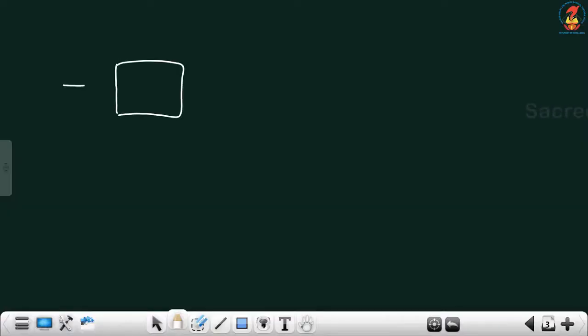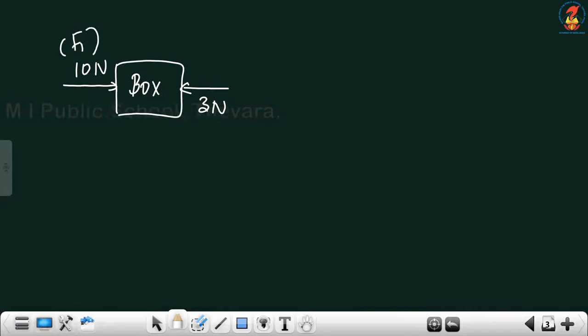Here a box, we are applying 10 Newton and 3 Newton in the opposite direction. So how will you calculate the net force? We need to take the difference of these two forces. Suppose this one is F1, this one is F2.